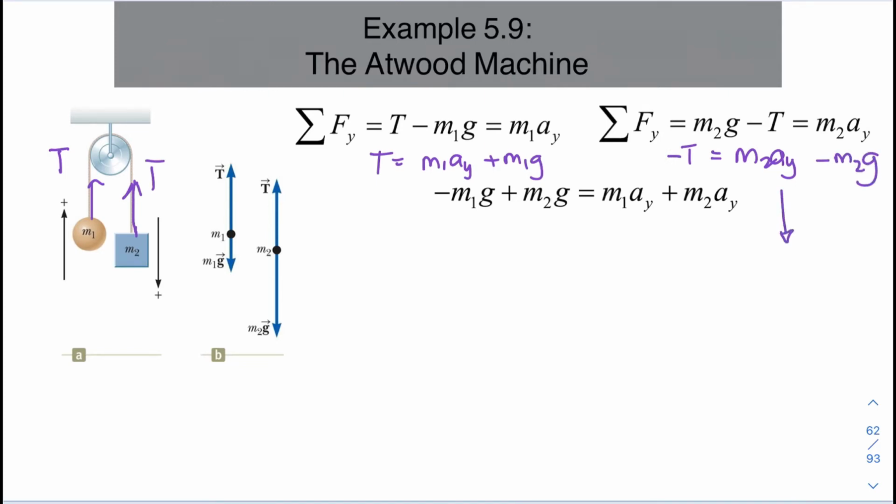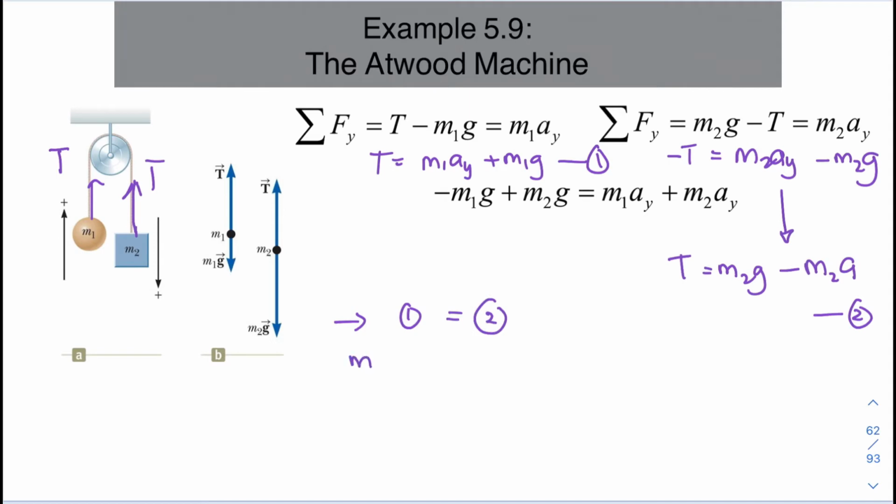Rearrange this one first: T equals M2G minus M2A. If the T is the same, equate equation 1 and equation 2.